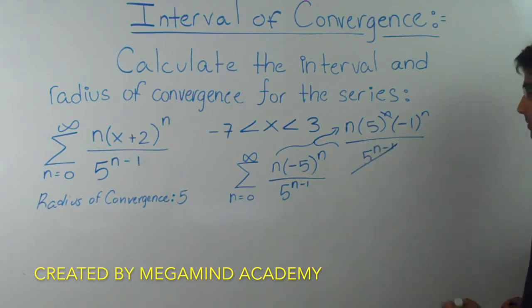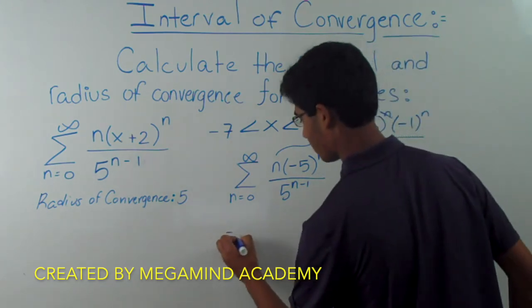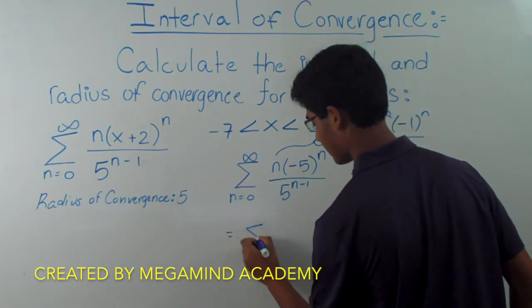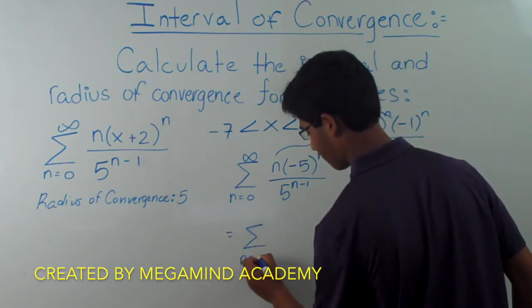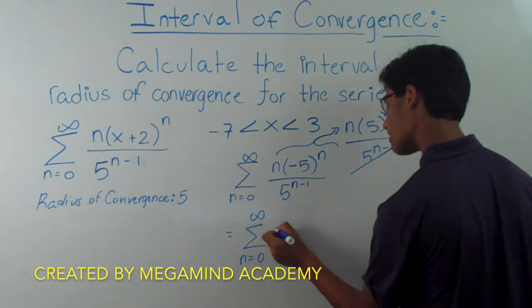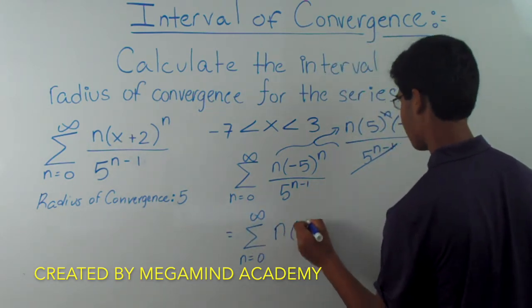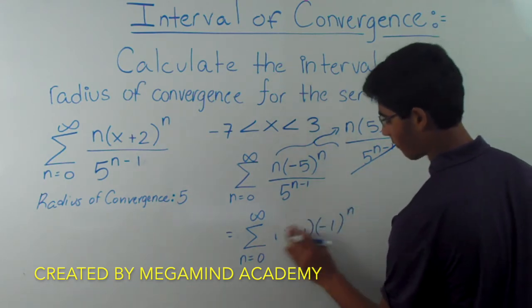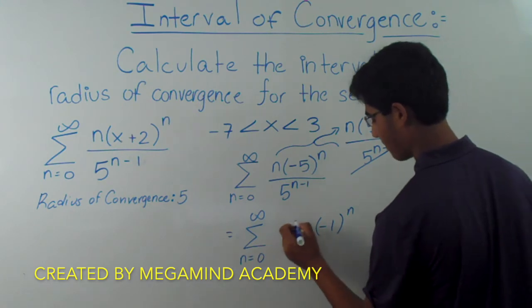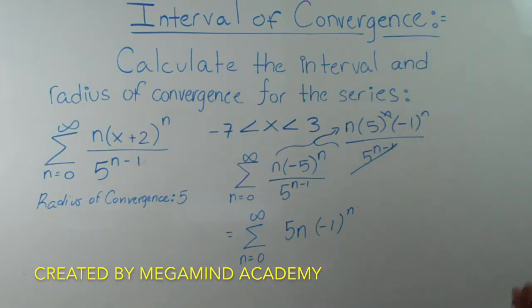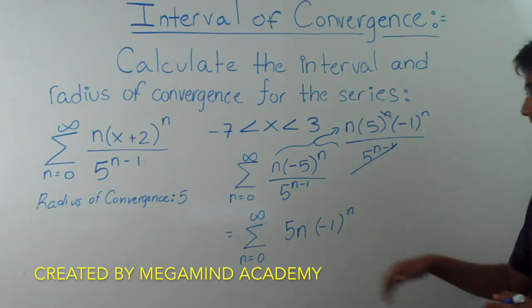So this is equal to the series from n equals 0 to infinity of n times 5 times negative 1 to the n power, or 5n times negative 1 to the n power. As you can see, this is an alternating series.